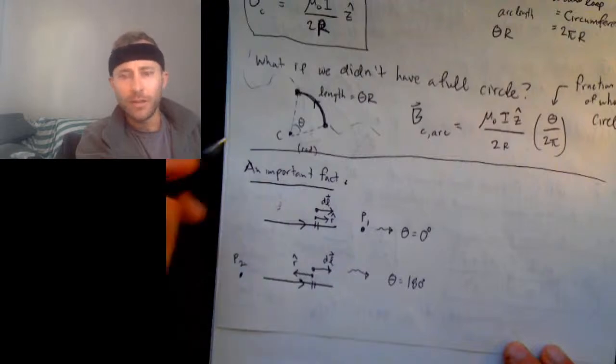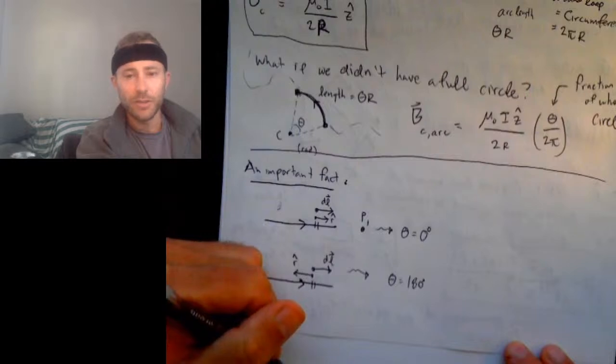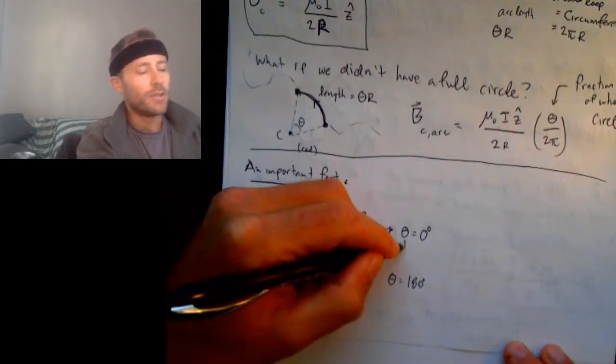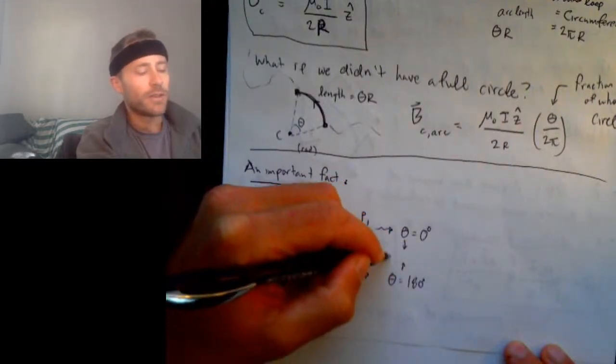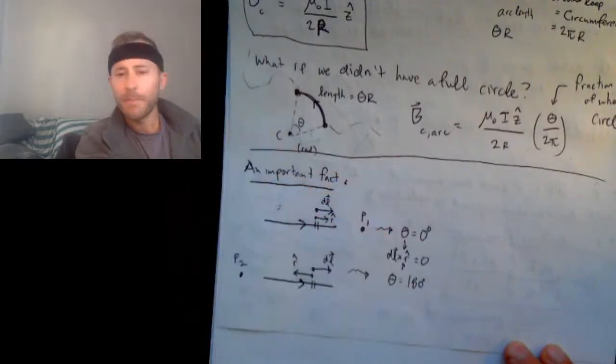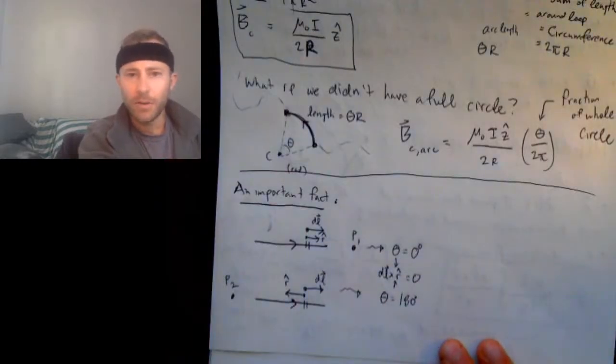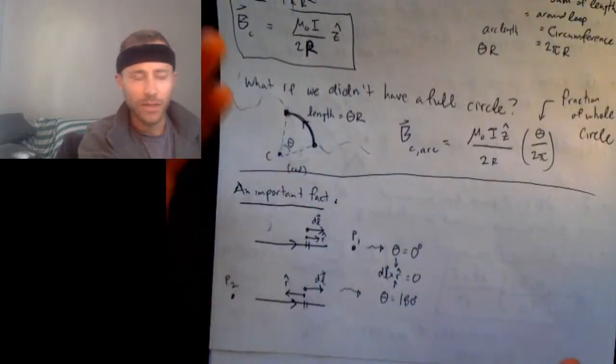But here's the thing: sine of 0 degrees is 0, and sine of 180 degrees is 0. So both of these are going to have dl cross r hat equal to 0, because the magnitude of dl cross r hat has that sine theta in there, and if it has 0 magnitude, it's equal to 0.